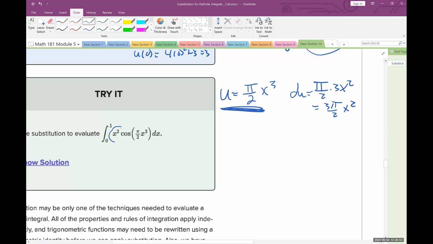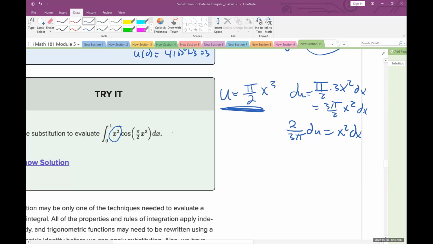And if you notice over here, we have an x squared. We don't have the 3 pi over 2. So we would say 2 over 3 pi du equals, I forgot my dx, equals x squared dx.